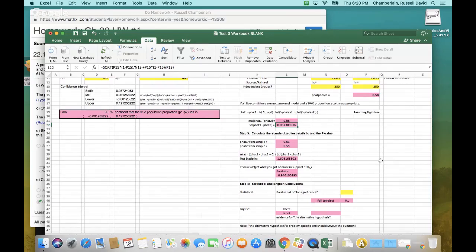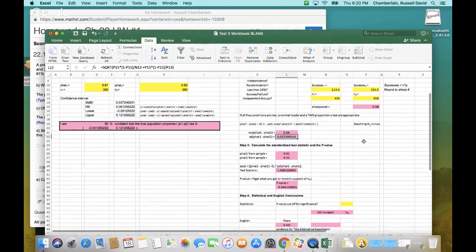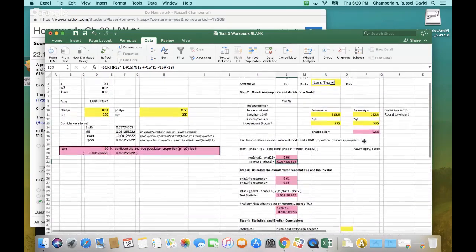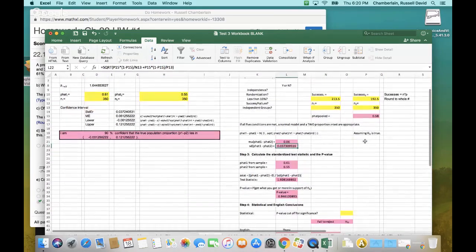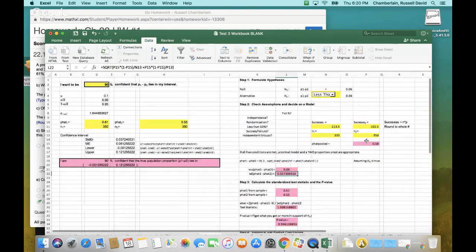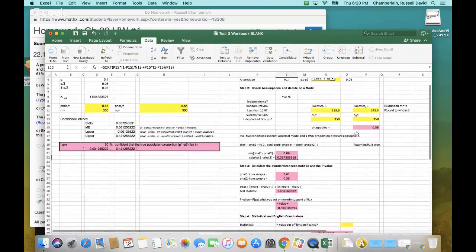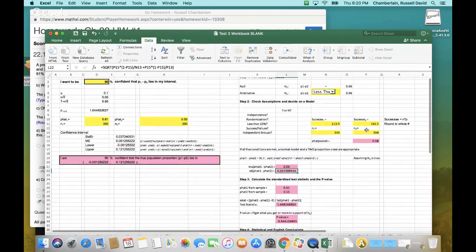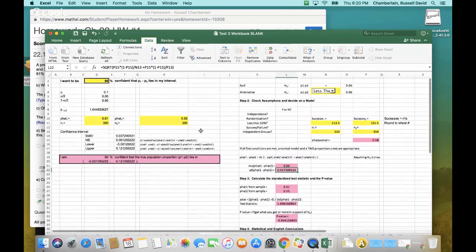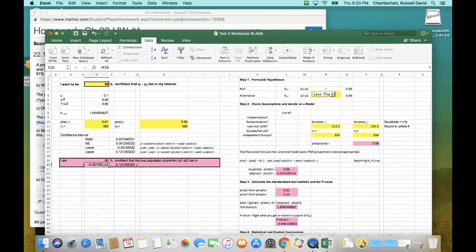Oh yeah. It calculates the difference right there. Or the standard deviation of the difference, that is. This is not very well suited to this problem, but let's look over here.